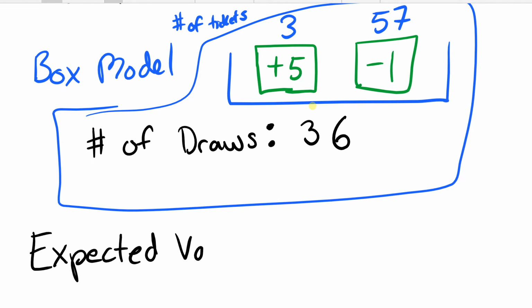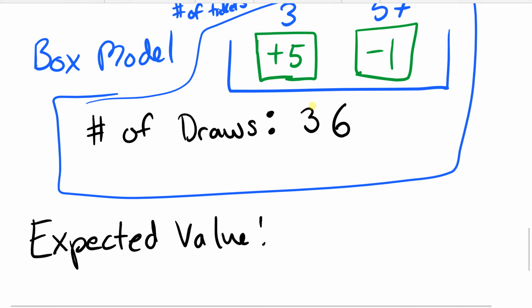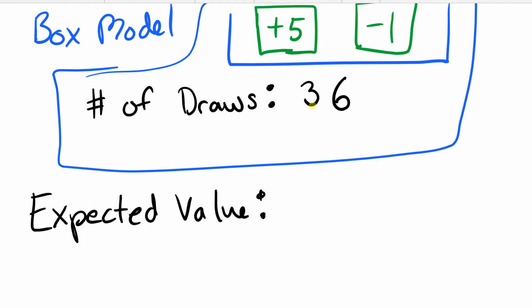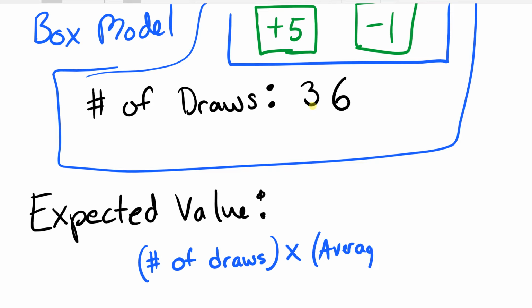Let's calculate the expected value of this box model. The formula for the expected value is the number of draws times the average of the box.